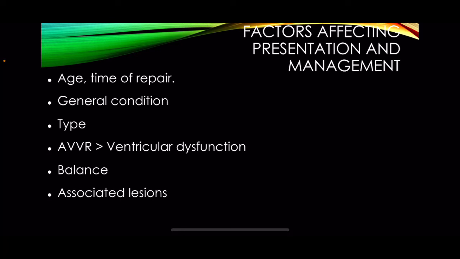So if a child presents very early like that, that means the lesion is very severe, or the patient has severe regurgitation in the valve that causes ventricular dysfunction and shock and failure.